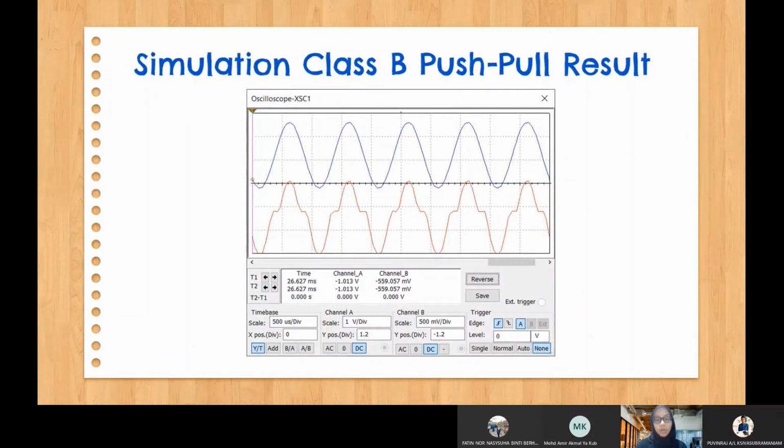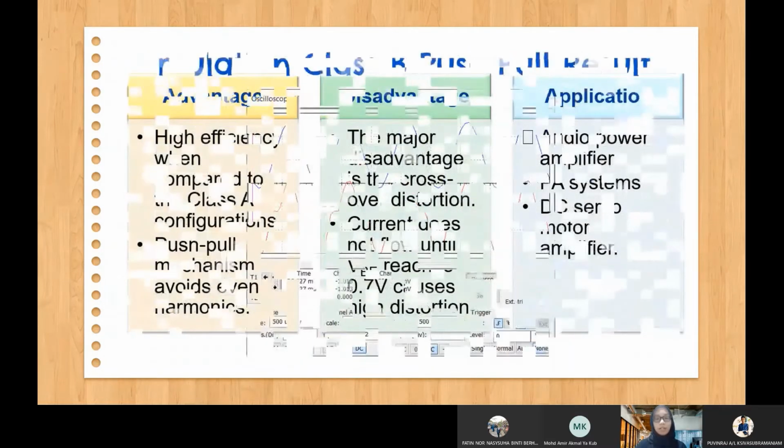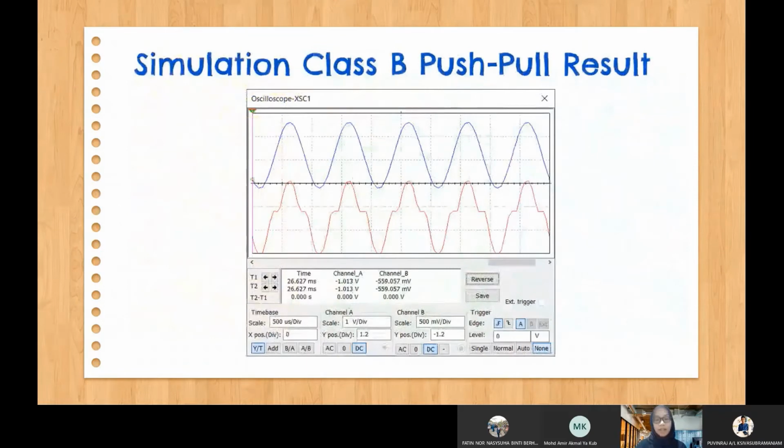From the result, we can see that the signal is improved from class B. The class B only has half a cycle of the signal, right? So in class B push-pull, it has both the positive and negative cycles of the signal. But it has crossover distortion, if you notice, between positive and negative, right? Why?